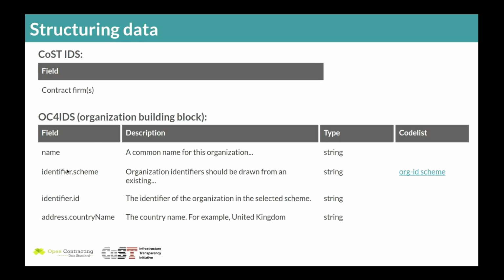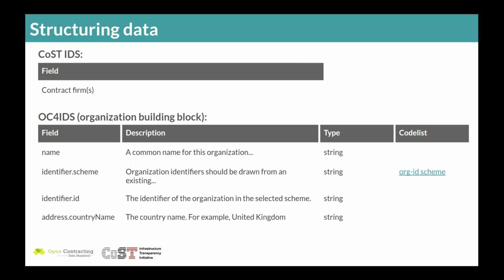For example, we want the name, and OCDS provides descriptions for each field. So when you look at the name field in an organization building block in OC4IDS, you know that this is the common name for this organization, and you know that it should be formatted as a string.